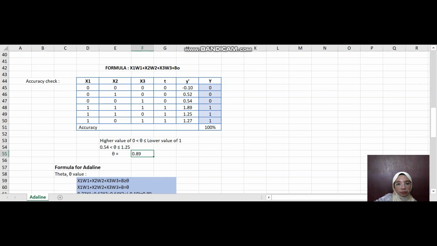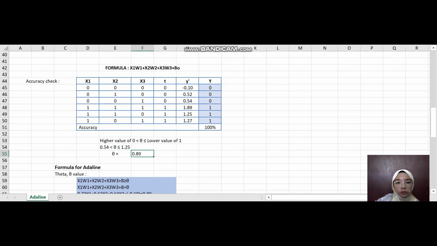Based on the y prime that we got from the formula, negative 0.010 is lower than 1, so we assume it is 0.